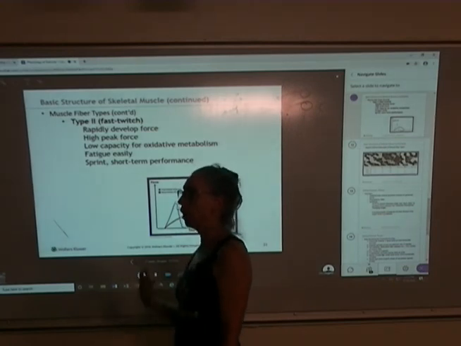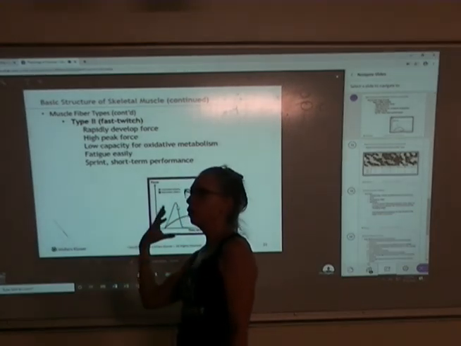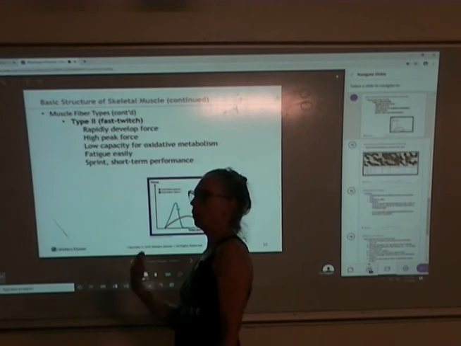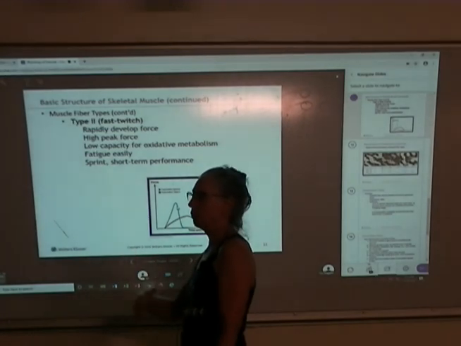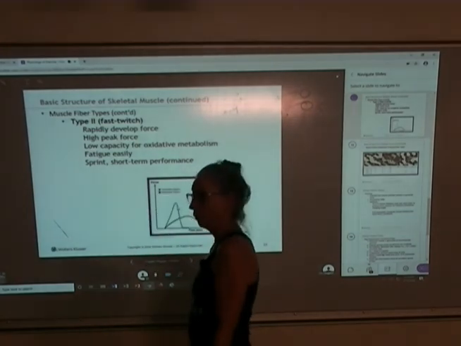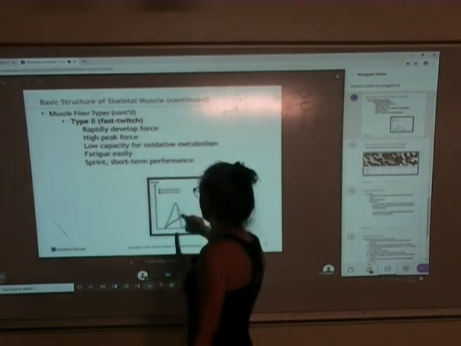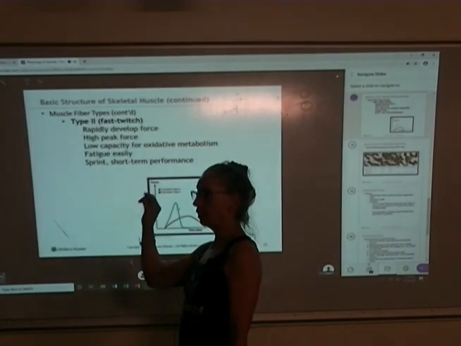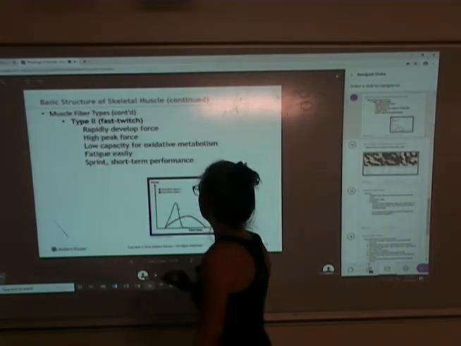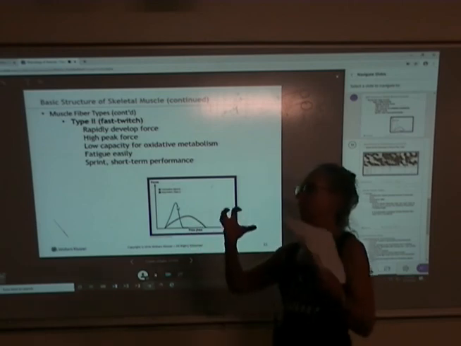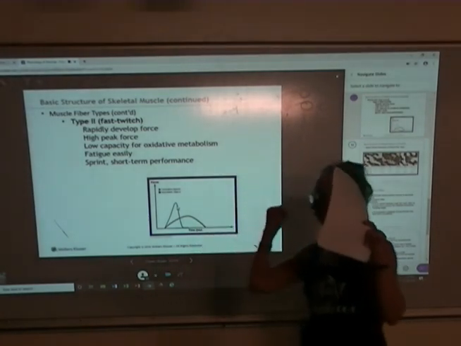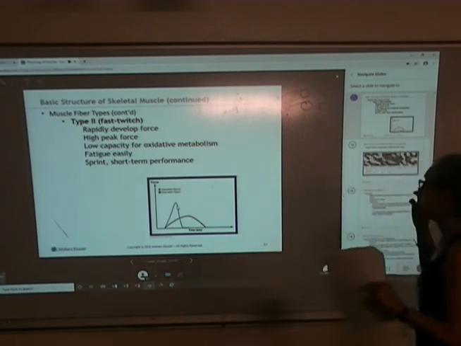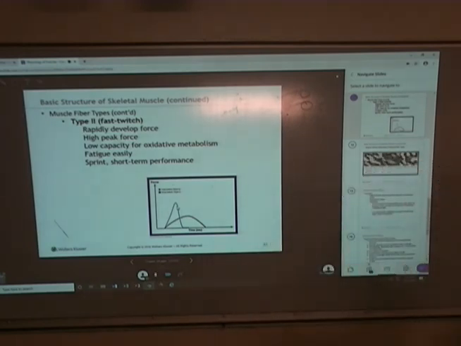We're producing those hydrogen ions, and we start to get an acidic environment, and sooner or later, ATP production drops through the floor, right? So our type 2 fibers fatigue very easily, right? But because of this ability to create such a large force very quickly, they're really useful for high-intensity, short-duration events like sprinting, throwing, jumping. Okay?